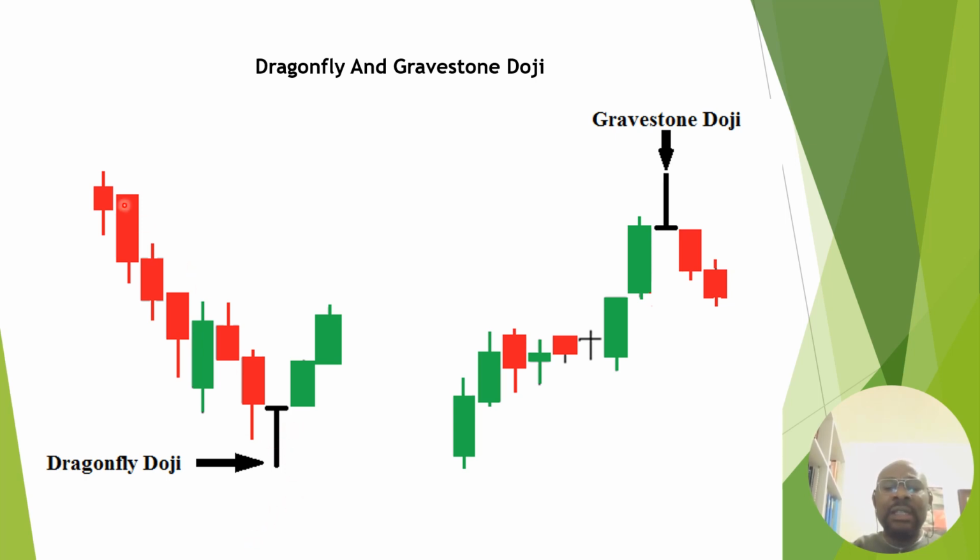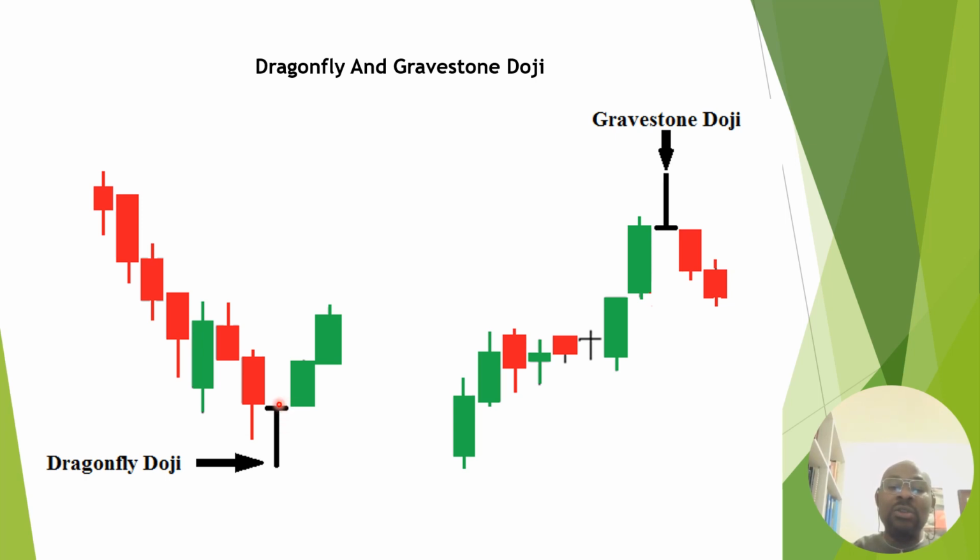Now you can see it got to a point, this one printed. It opened here, and the price was pushed down to this point. But before the candle closes, buyers came and pushed the price up to this point.